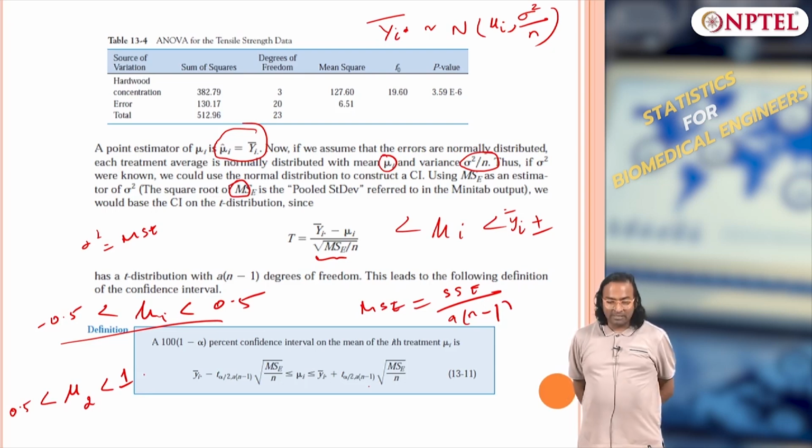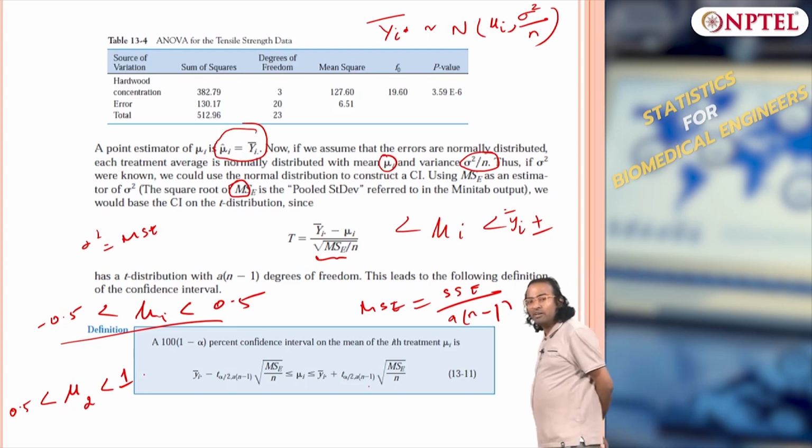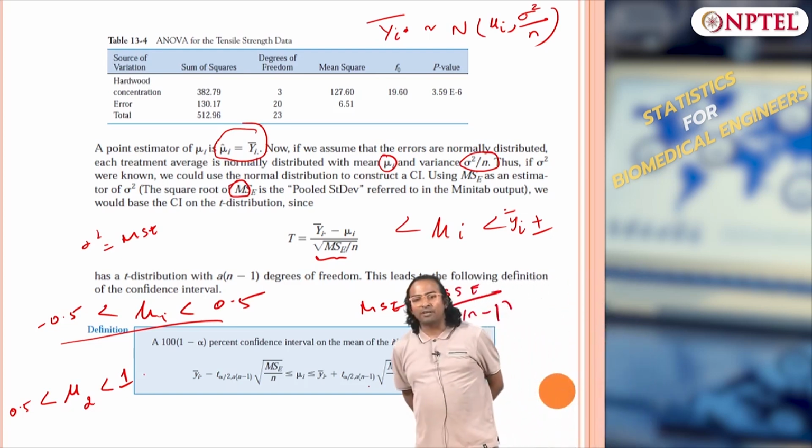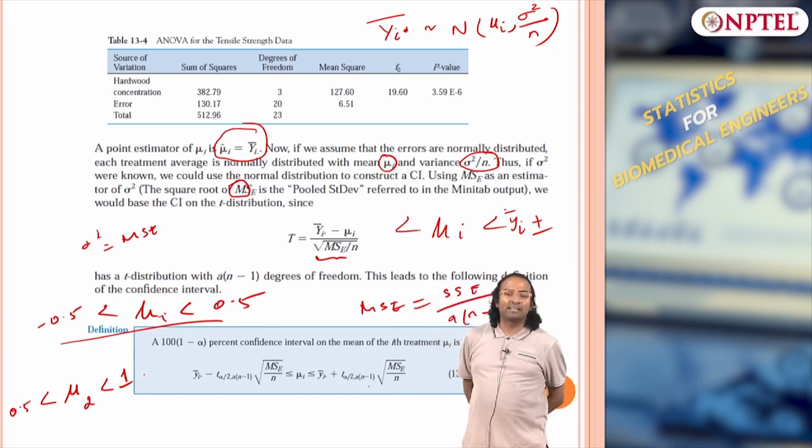I have two confidence intervals written: mu 1 is lying between minus 0.5 and 0.5, another one, mu 2, is lying between 0.5 and 1. Which one is most likely greater than 0, whether mu 2 is greater than 0 or mu 1 is greater than 0? You understand why mu 2?